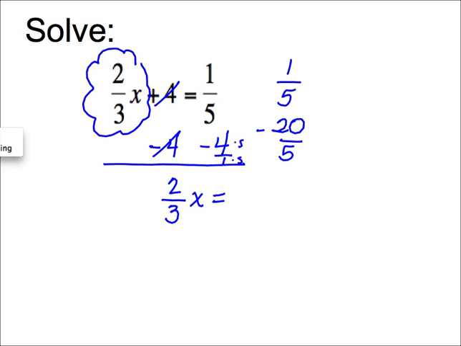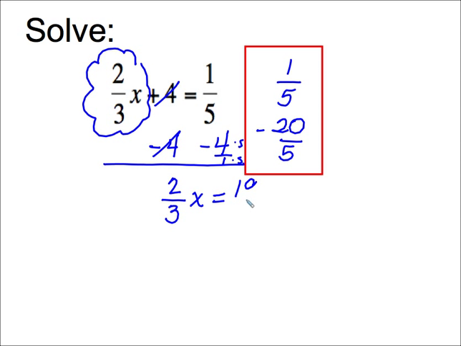Now what I'm concerned about is this guy right here. Notice I have different signs, a positive and a negative, so different signs subtract. Keep the sign of the bigger number. So this is going to be 19/5, and because the bigger number is negative, this is going to be a negative 19/5. Everybody with me so far?